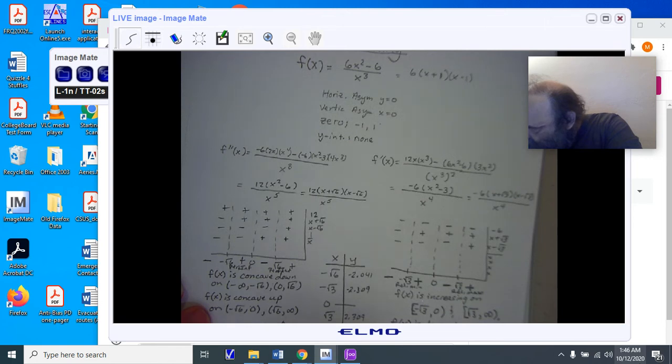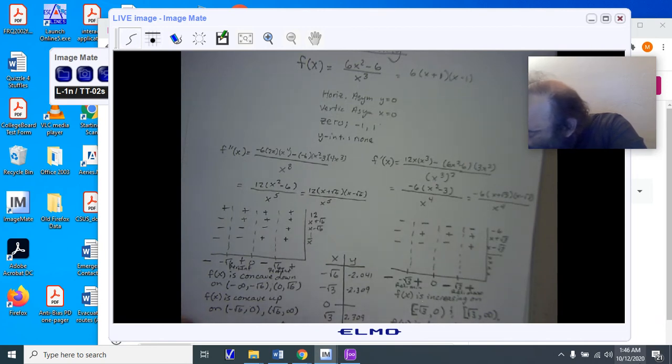This side we have concave down. And then I have concave up. It heads toward infinity and heads toward infinity.